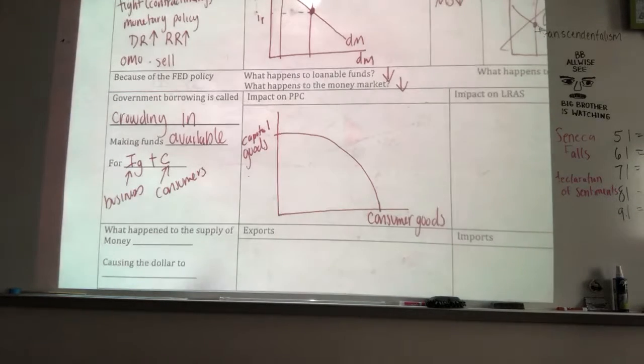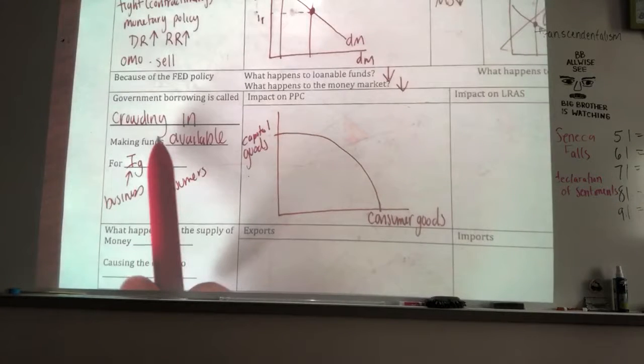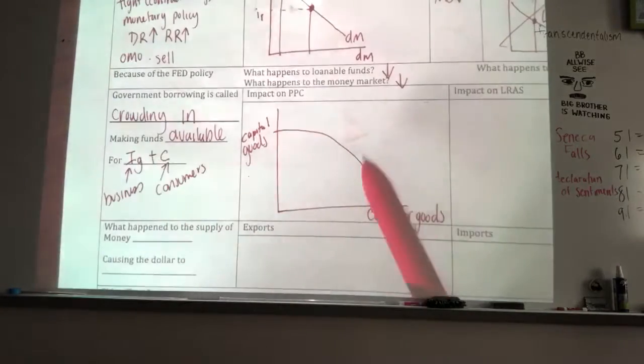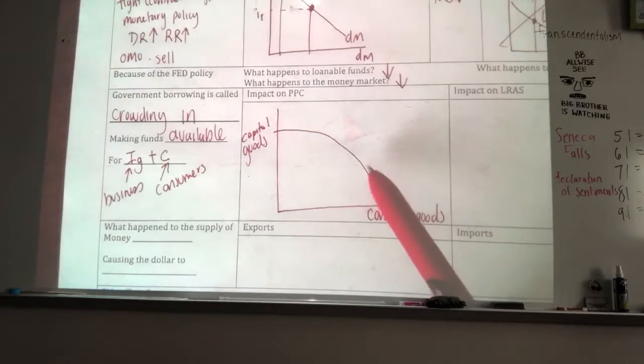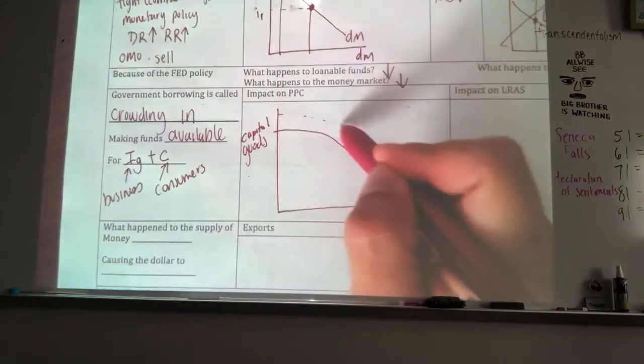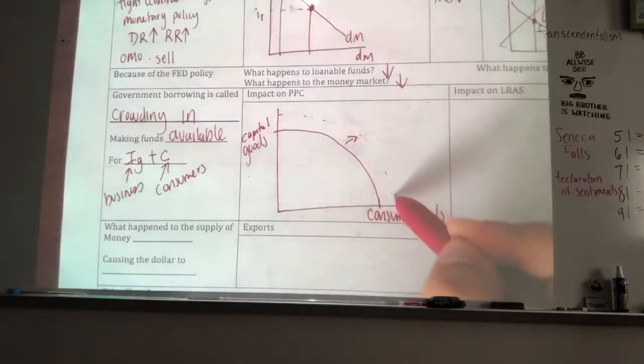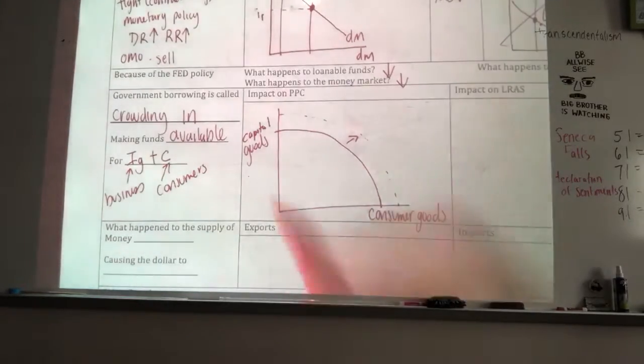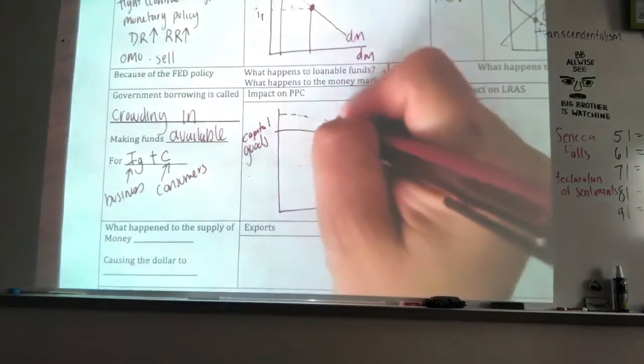Okay. If now there's more money for businesses to borrow, because the government is not borrowing, what should happen to this PPC? It should go out, because there's more money available. Sorry, my lines were horrible.